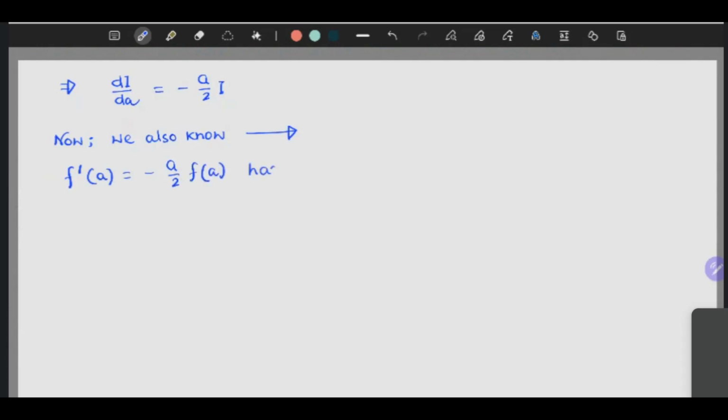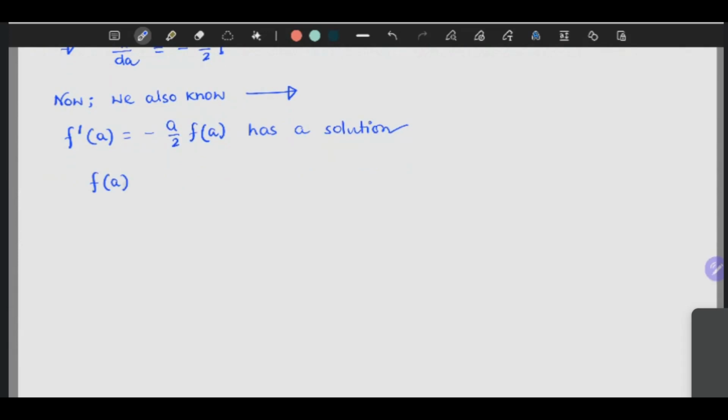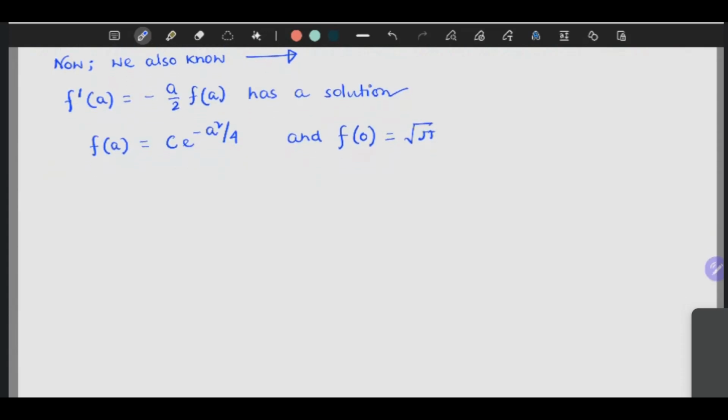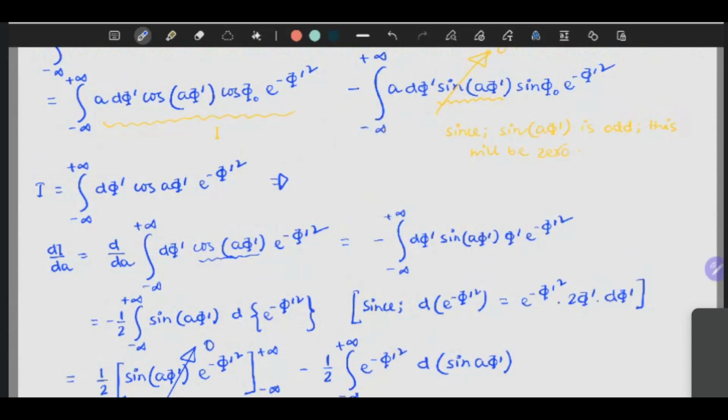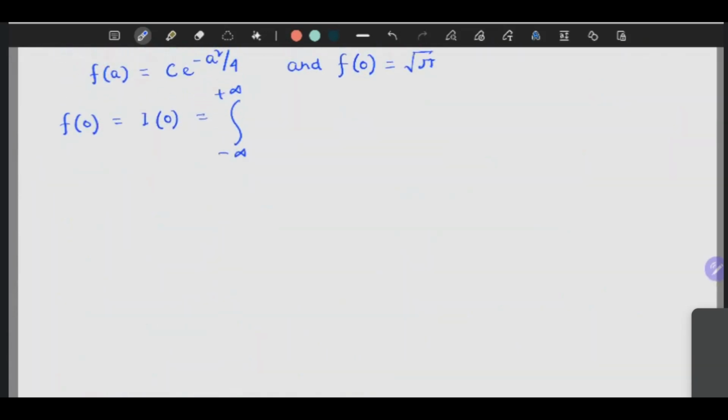So we also know that if f prime of a is equal to minus a by 2 f of a, it has a solution of the form f of a equals a constant c times e to the power minus a squared by 4, and f of 0 is root pi, because I of 0 is the integral from minus infinity to plus infinity of e to the power minus phi prime squared d phi prime, which is root pi, in Gaussian integral.